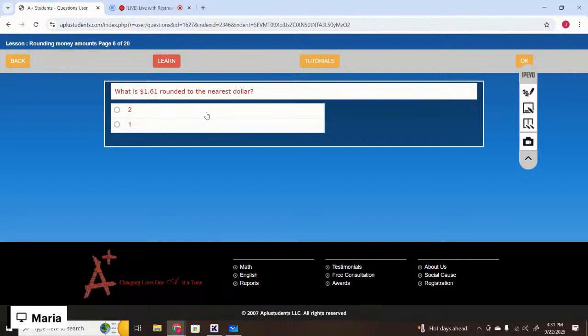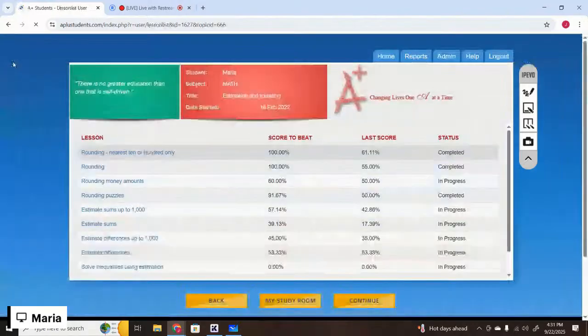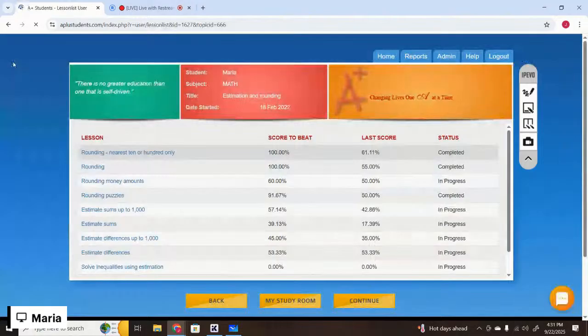It would be rounded to $2. Option number one is the correct option. Very good. Okay, you can complete the lesson by yourself later today.